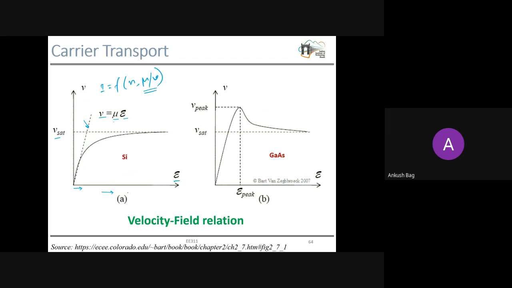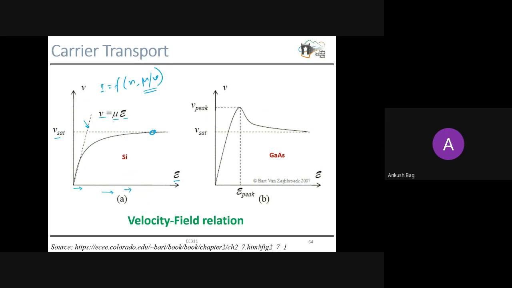Now, at high electric field, when your velocity gets saturated, at that time you cannot use this v equals mu E formula, because this equation is not valid if you operate your device here, because here it is not linear. You can understand from this graph the relationship between your velocity and the electric field.